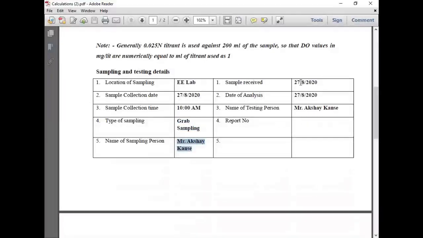Sample received in the lab, same date. We have done the analysis on the same date, and again, the name of the testing person is Mr. Akshay Kanse. If you have to submit the report, you can even write the report number here. So these are the details that are normally recommended to follow for collection and testing of the sample as well.